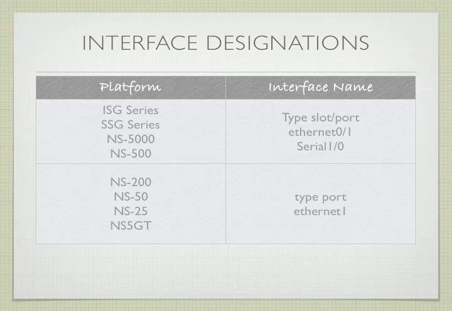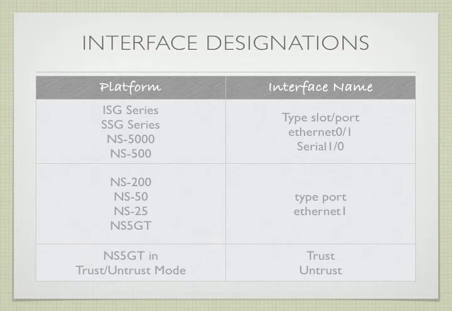But inside the interface they'll be spelled out, and there's no slot designation because there are no slots on this series of device. With the NS5GT, there is also the option to run what they call trust-untrust mode. So then the interfaces will be labeled trust and untrust. So these are the interface names that you will see in the configurations, and they will also be the names that you will have to use on the command line when you're configuring the device.